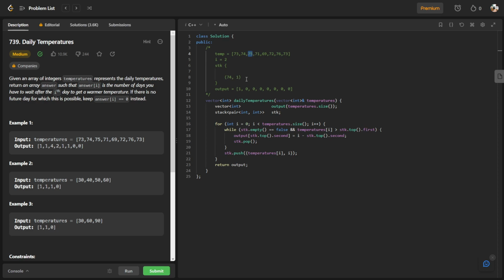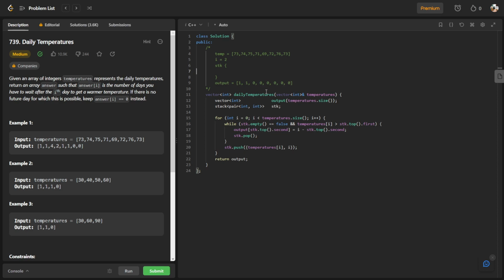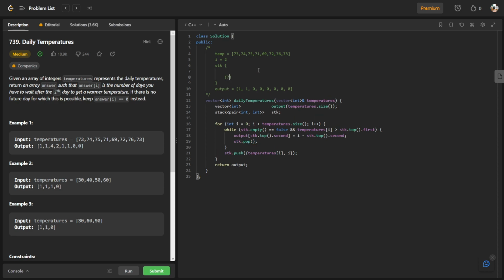The same thing happens. 75 is more than 74, so the output at index 1 will become i minus the top index, which is 2 minus 1, so we get 1. Then we pop this, and then we add 75 in.